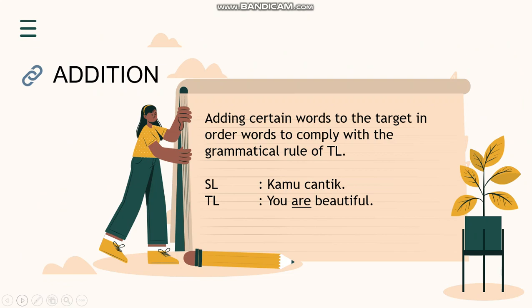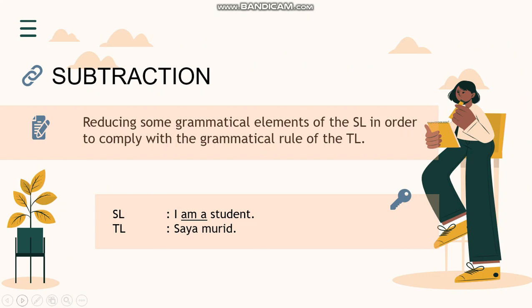So here we translate it to you are beautiful. Actually there is nothing in the source, but we add this word to comply with the grammatical rule of the target language.